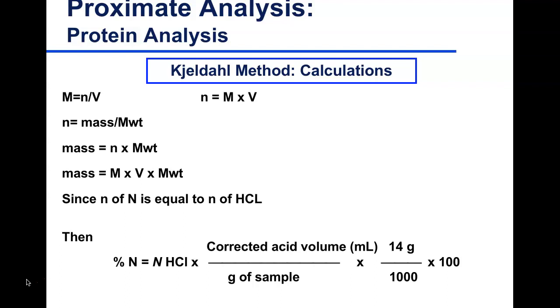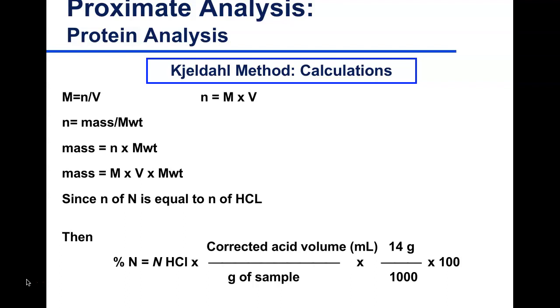We know we have this part already. We know the grams of sample. So the part we have to measure is we know how much originally of cheese or whatever we weighed out. What we need to figure out is this part here. How we can convert what we have using these equations into grams of nitrogen. So the first thing we can do is we know from the mass equation that grams of nitrogen will equal moles times molecular weight.